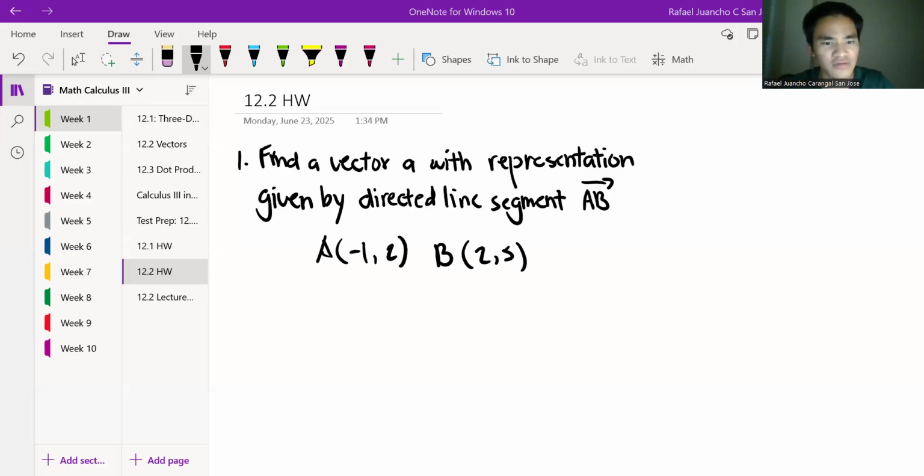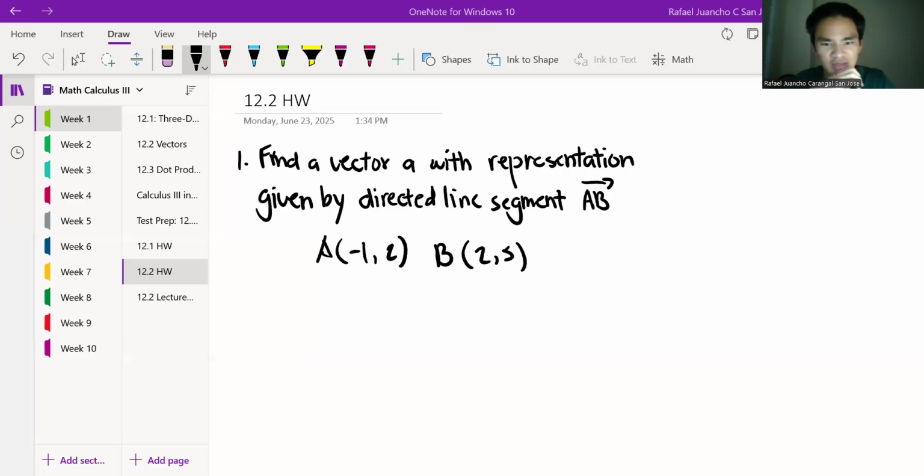Okay, now we have to find a vector representation, right? Well, we're given 2 points. None of them is the origin.